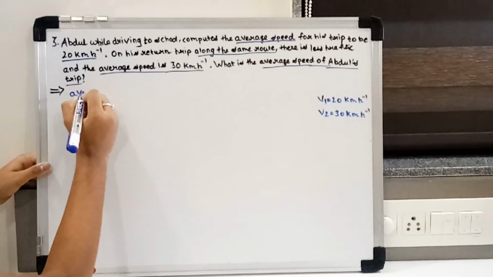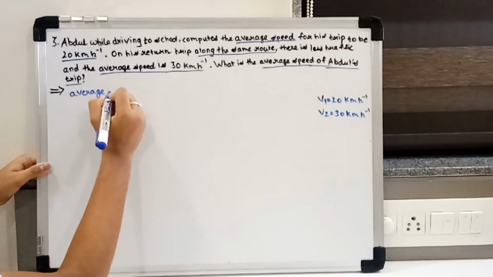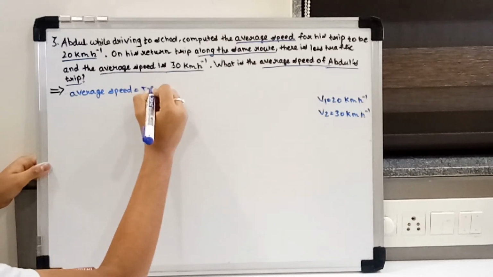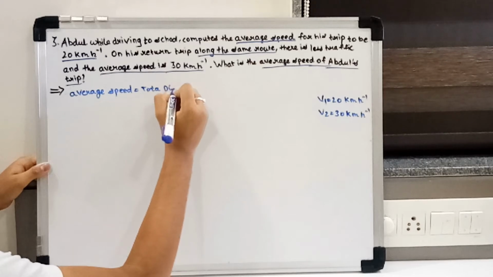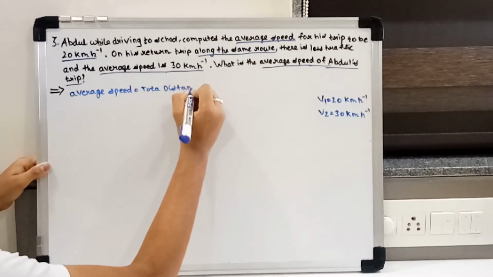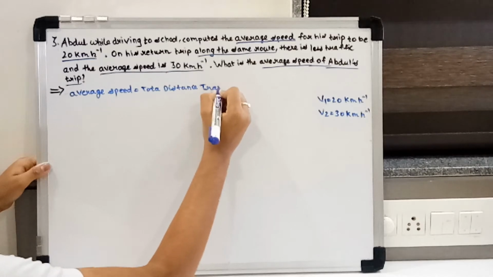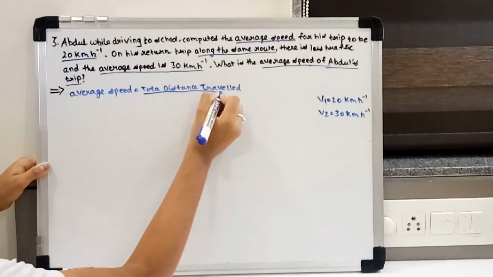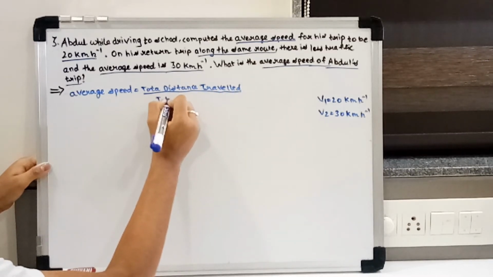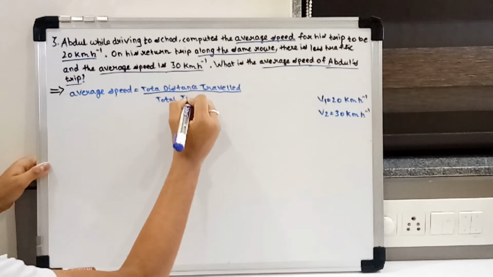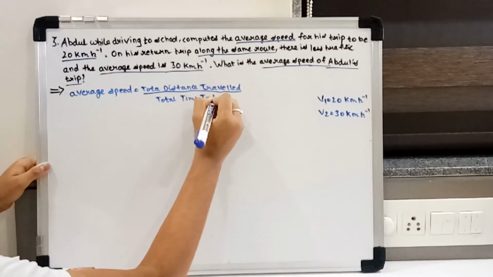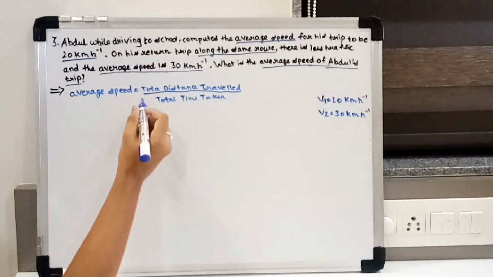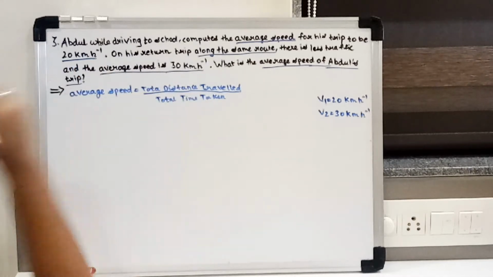So the formula of average speed is equal to total distance traveled upon total time taken.